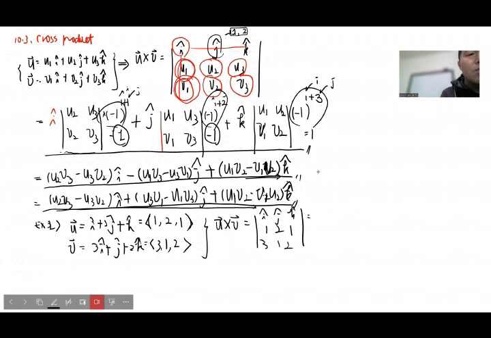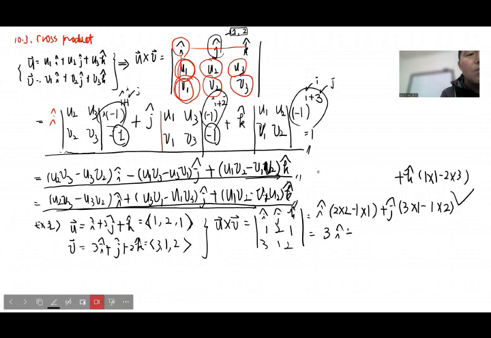So I is 2 times 2 minus 1 times 1, plus J is 3 times 1 minus 1 times 2, and plus K is 1 times 1 minus 2 times 3. So that is 3I plus J minus 5K.